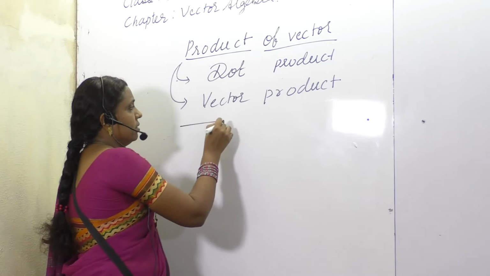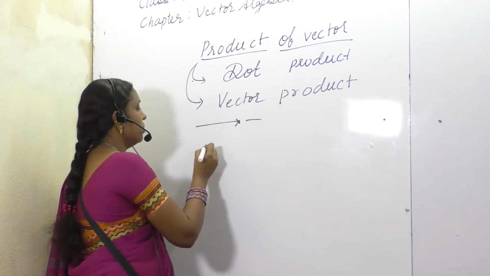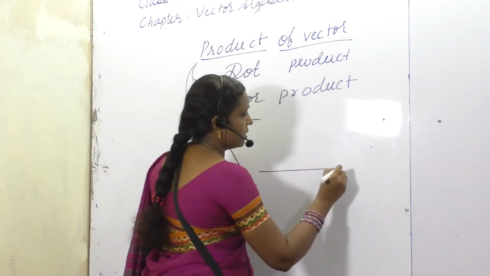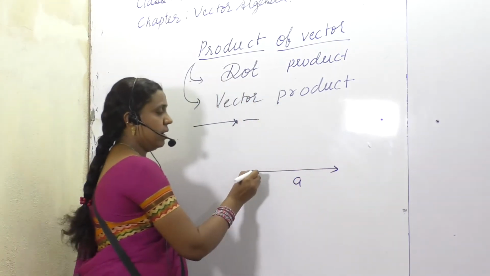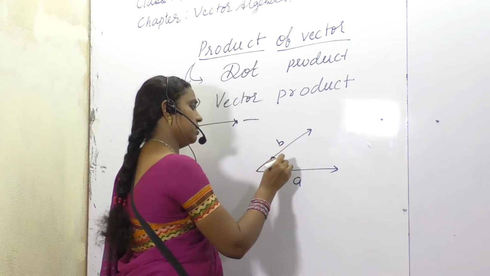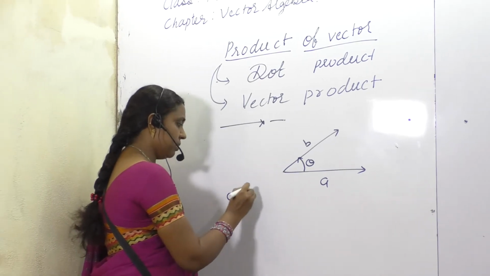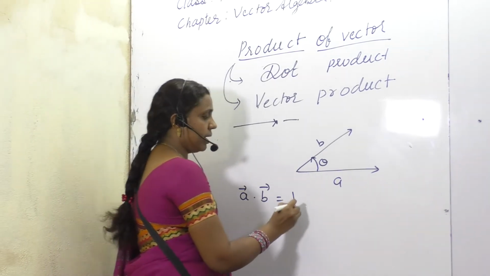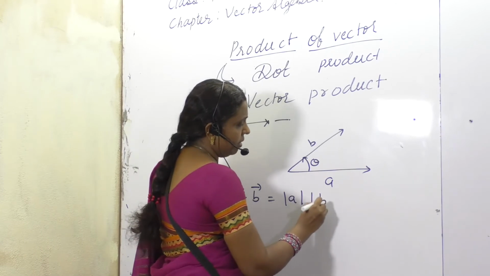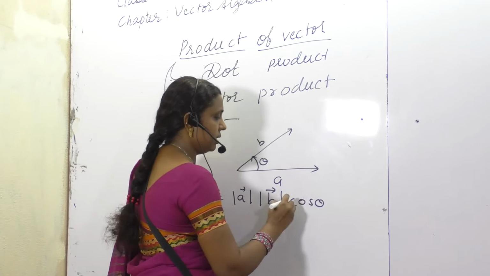So in the first case, a dot b. Why do we say dot product, do you know? If there is a vector a and a vector b, and this is theta, a dot b is given by magnitude of a, magnitude of b into cos theta.